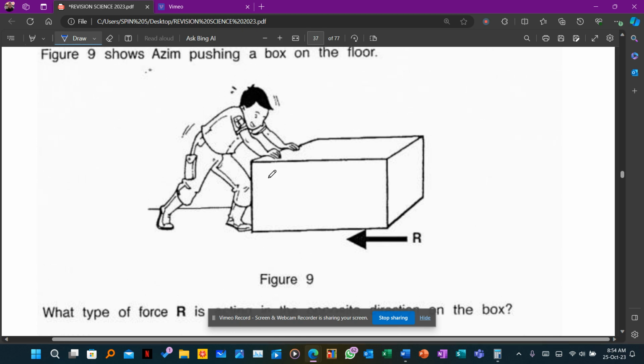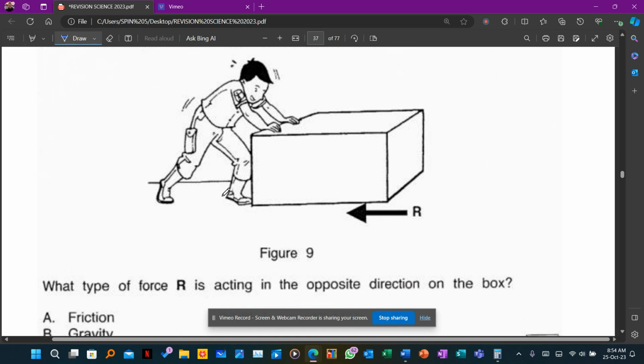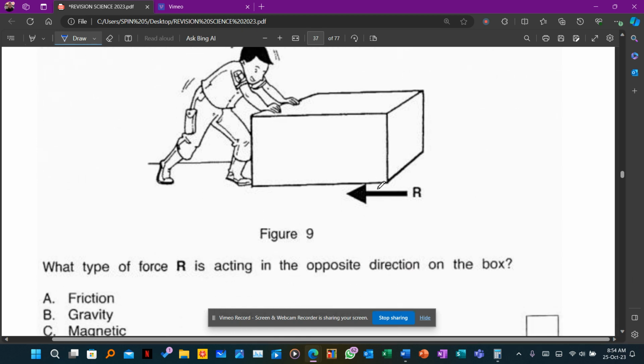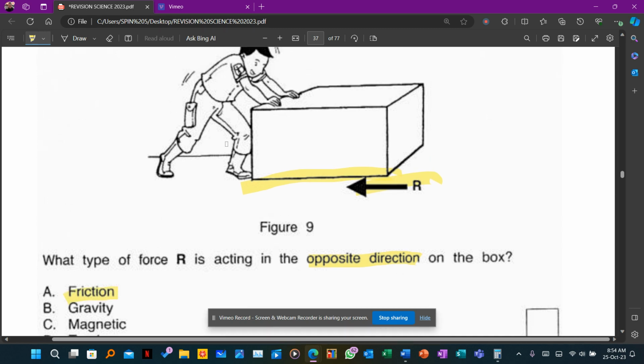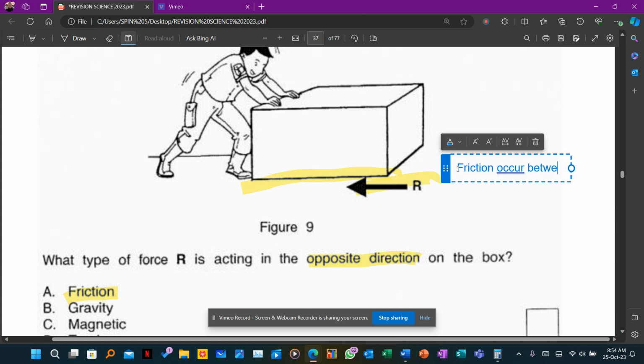So here you can see a person struggling, pushing an object on the floor. Anytime you see an object on a surface moving in the opposite direction, it is always the same thing, which is friction. Friction is a force that opposes movement. Please do not forget as well, friction occurs between two surfaces.